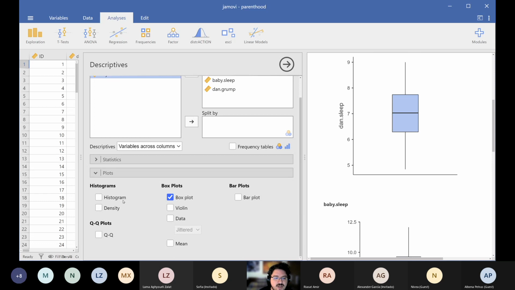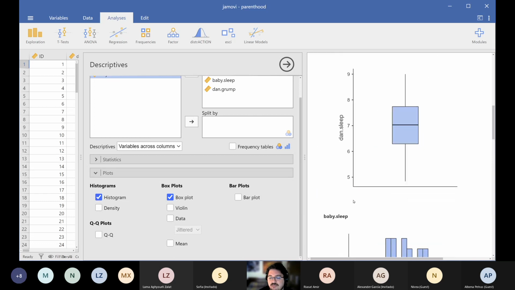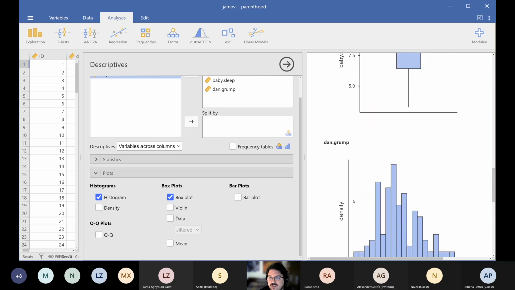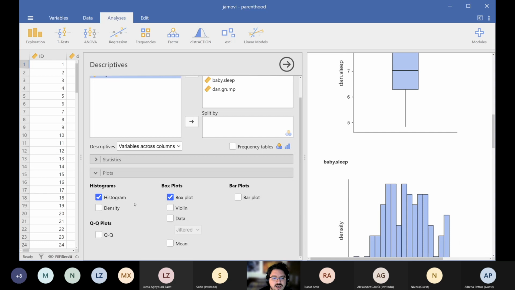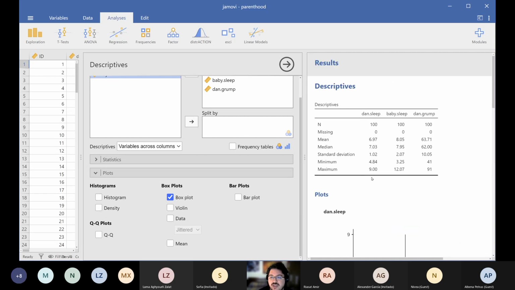Probably as a matter of curiosity, you do histograms, but nothing particularly relevant about these. The most important thing is that we don't have outliers, all the rows are populated with 100 entries for each, and we have no missing data.